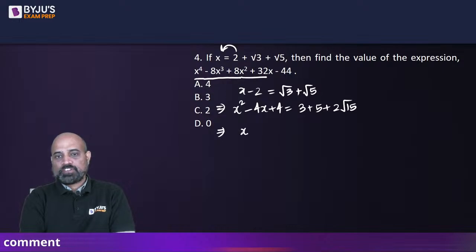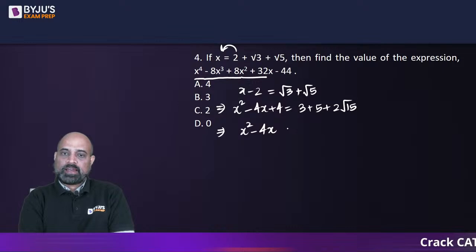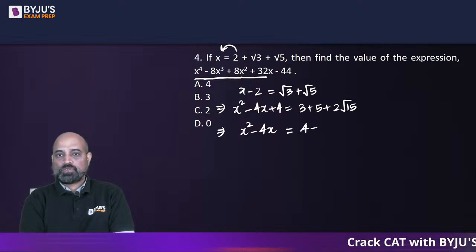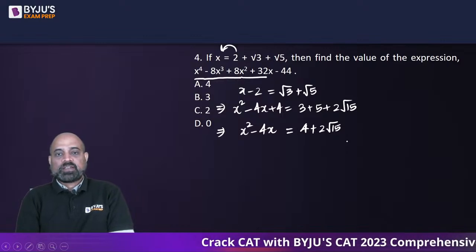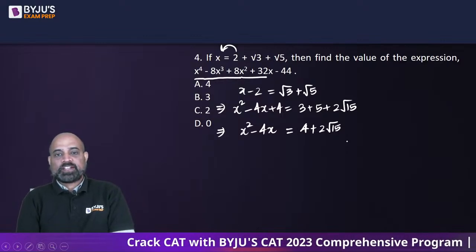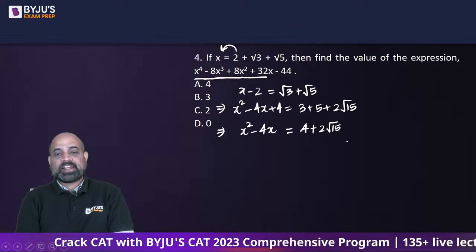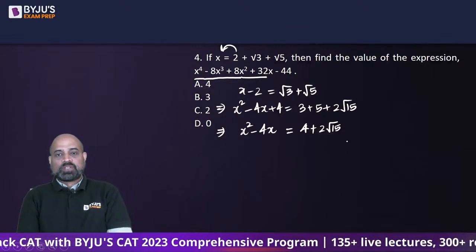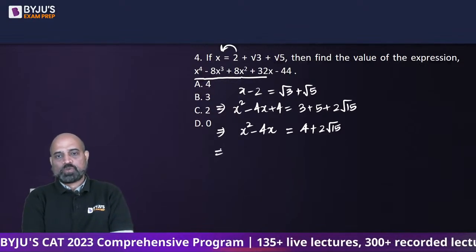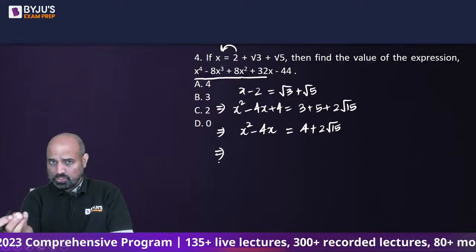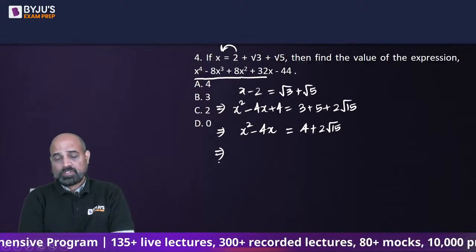This is going to give me x square minus 4x, and this is equal to 4 plus 2 root 15. Now I need to find out 8x cube. Can I say this is only possible if I square it again so that I get x cube as well as x to the power 4?